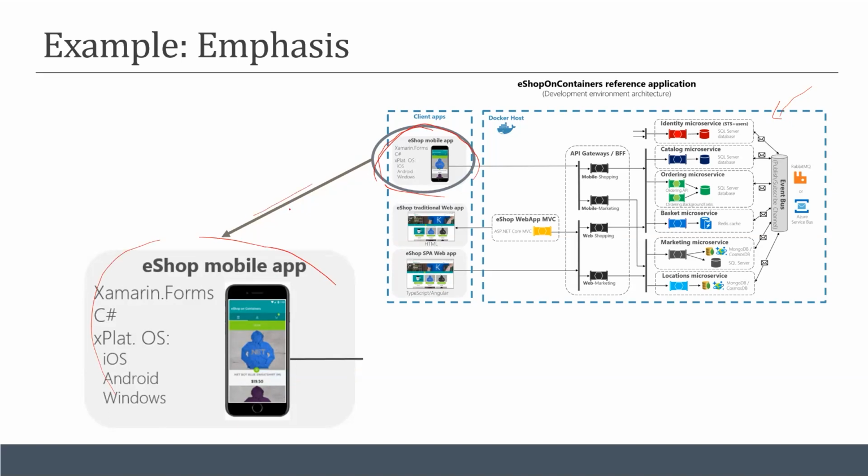So here, the speaker wants to talk about the eShop mobile application, and if Xamarin is not a common term, you should mention what Xamarin is about. C# and different kinds of platforms, iOS, Android, Windows. So these are everything that the audience might be familiar with, right?